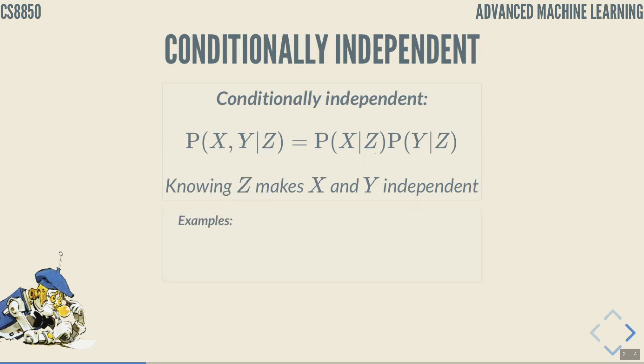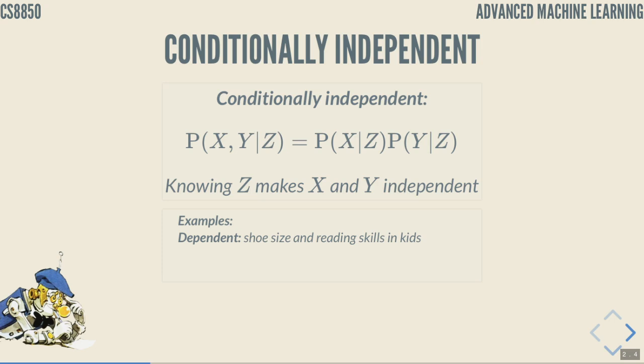So for example, dependent: shoe size and reading skills in kids. There is a clear dependence and we can measure that. The larger the shoe size in kids is, the better the reading skills are. That's a strong relationship.